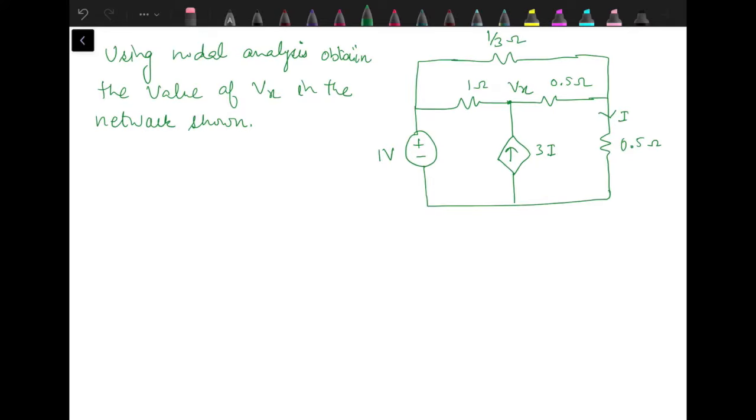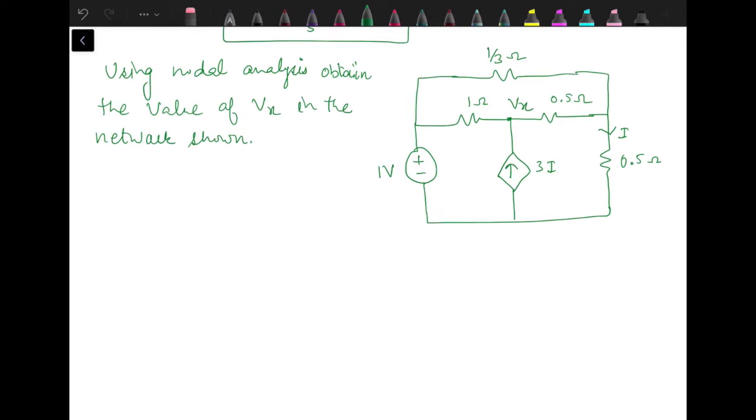So here we have a current dependent current source, and we have the special case as well. Let's identify the nodes first. Let's mark this one as first node, this one as second node, this one as reference. Potentials of these nodes, V1 and V2, are assigned with respect to the reference. This one is already given as Vx, so we need to find out this voltage Vx.